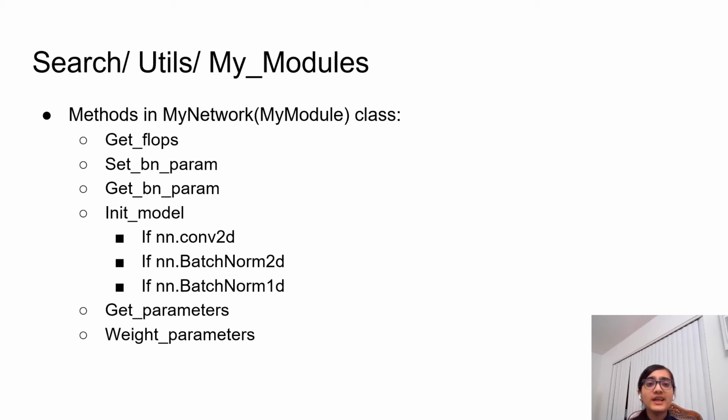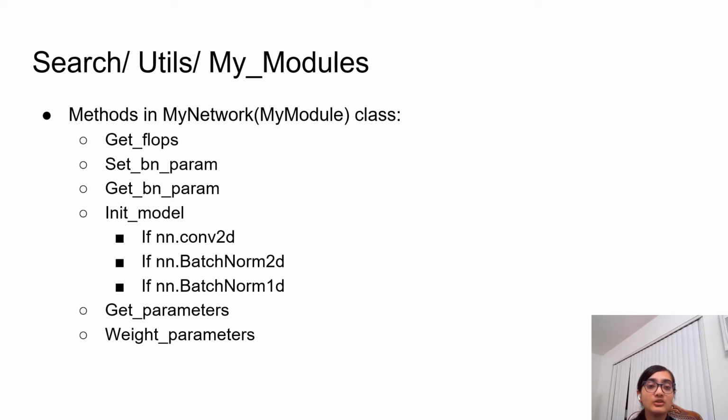When you see set bn param, this is nothing but set batch normalization parameters. And when the batch normalization parameters are set, you have to get those parameters. So there are two different methods for batch normalization, get and set. Init model is based on three conditions: if the neural network layer is a convolutional layer type, or a batch normalized 2D layer, or a batch normalized 1D layer.